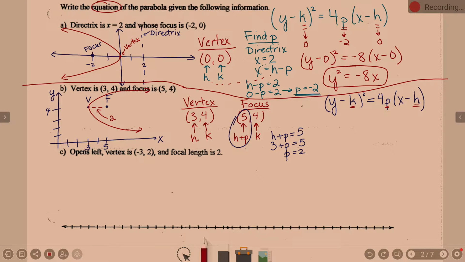So we know that h is 3. We know that k is 4. And we know that p is 2. Can you write that equation? And this time we're just going to write it and leave it in that form. y minus 4 squared equals 8 times x minus 3.